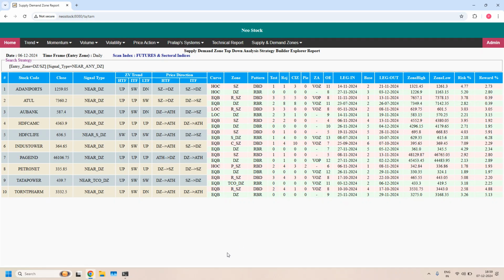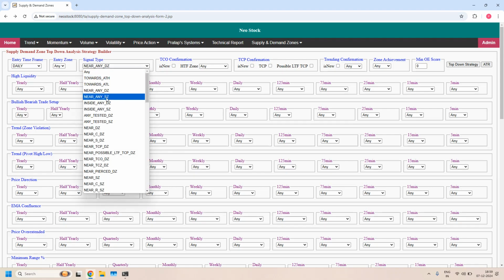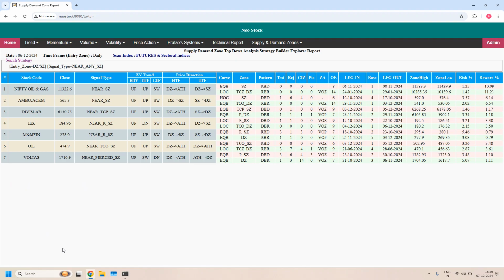Okay, this is about daily time frame stocks near demand zones. Next, entry time frame daily. Let us find the stocks near the daily supply zone. We got 7 stocks. Let's identify high liquidity supply zones from this list. Divi's Lab is having a high liquidity supply zone. IEX is having.